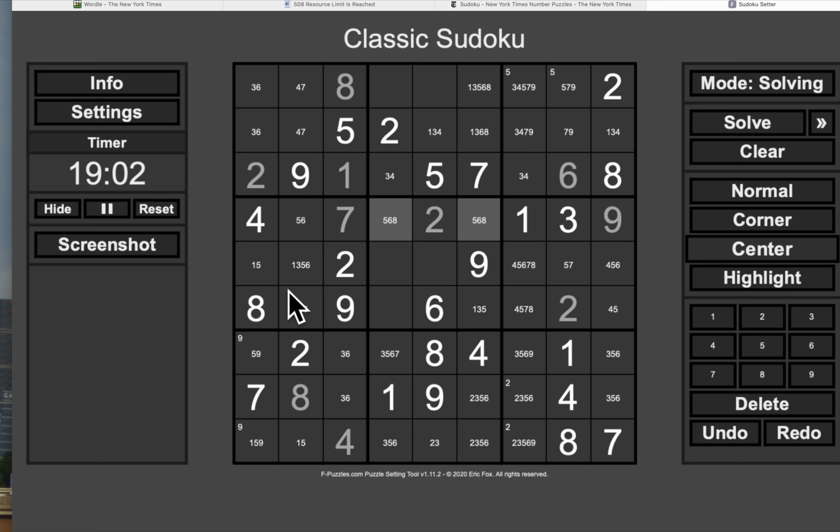Let's see. Have I successfully... No. 3's here. 3's in one of these spots. 6 is in one of these spots. So that is a 3 or a 6, but unfortunately I have nothing else looking into it.